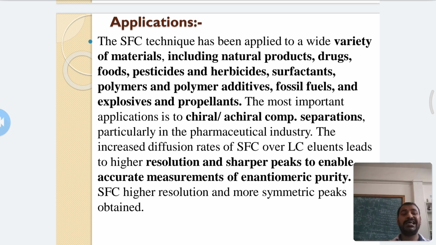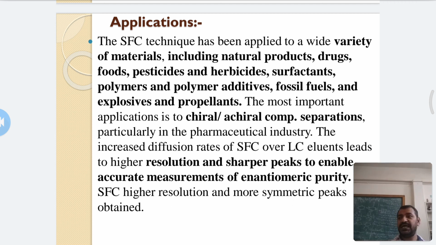With supercritical fluid, higher resolution and more symmetric peaks are observed, and they are easy to separate and analyze.